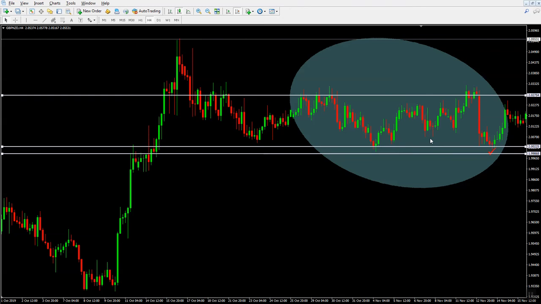So where would your target be now? Would your target be a sell trade? Would you continue to hold that buy trade open or take your profits out?